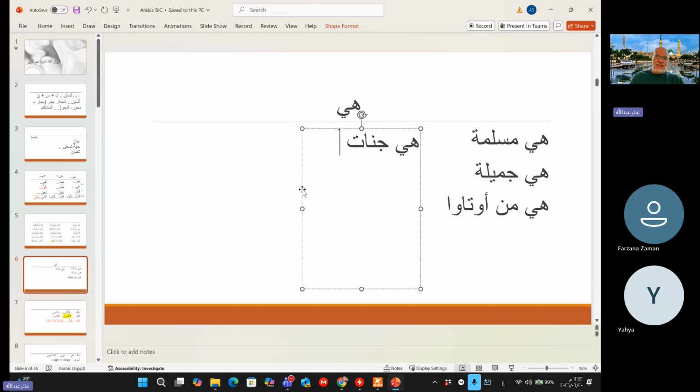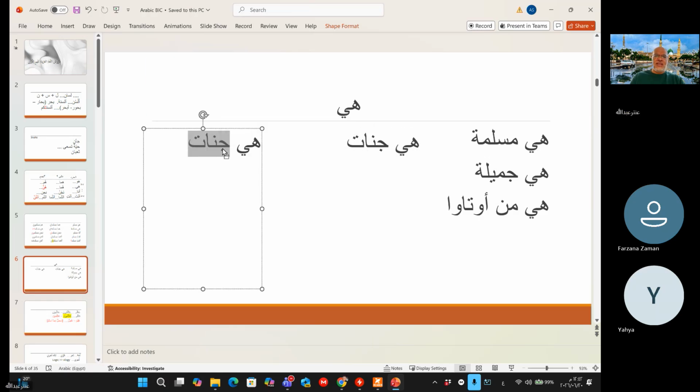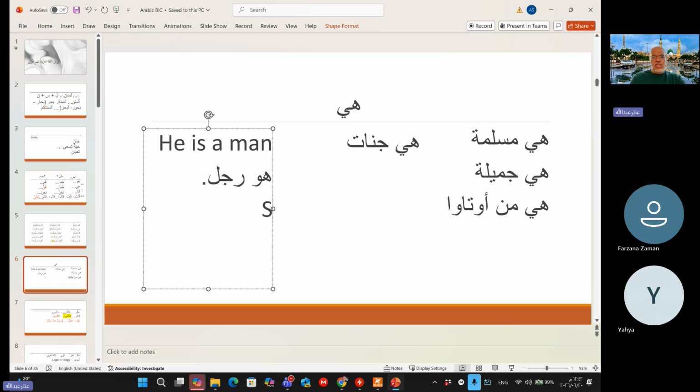So let's have a small comparison between Arabic and English here. If I say, he is a man, in Arabic we say huwa rajul. Now, she is a girl, in Arabic hiya bint.